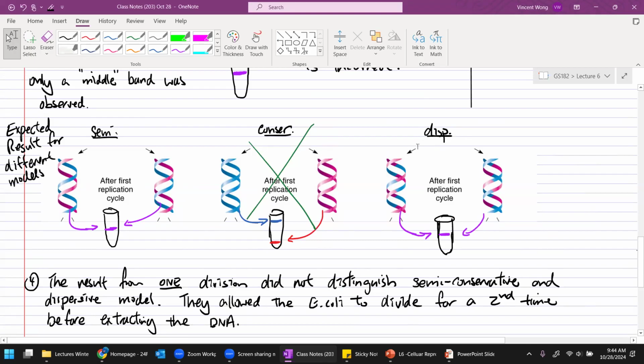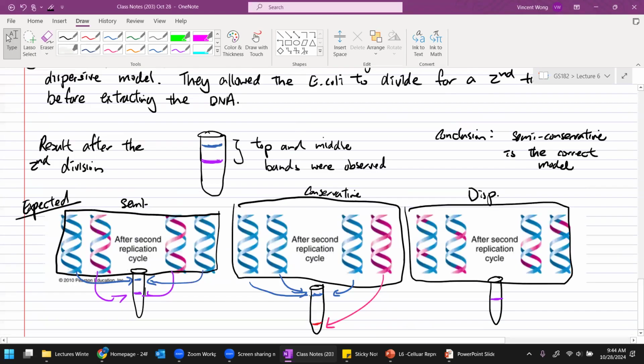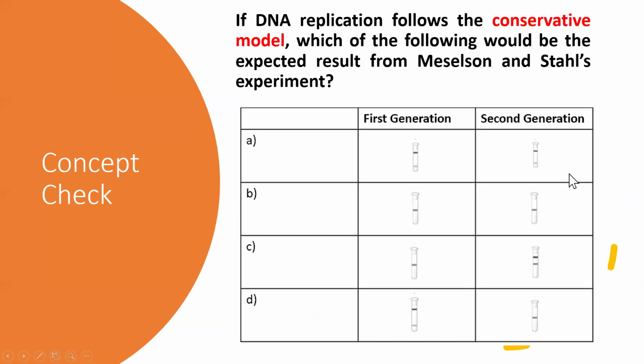And then if we do another round, we would continue to see two bands. So the answer is A. Two bands, two bands. That's what you would expect to see if it's conservative. That's what the question is asking, right?